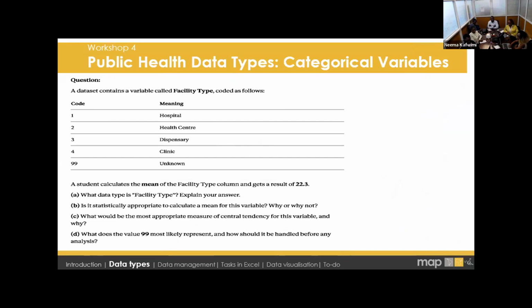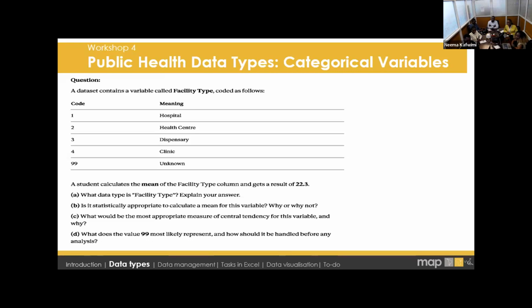So we have this quick exercise to cement our understanding of data types. I've taken it a little quickly because we already introduced it the first time in the data management workshop. So please read the question and I'll take you through.